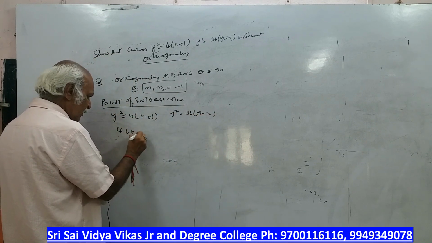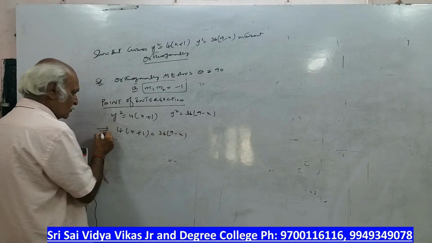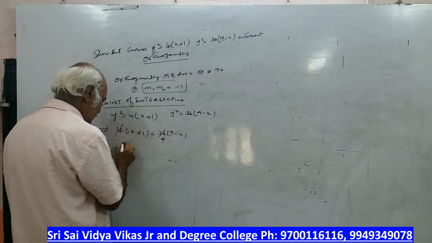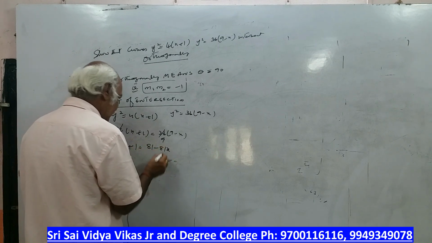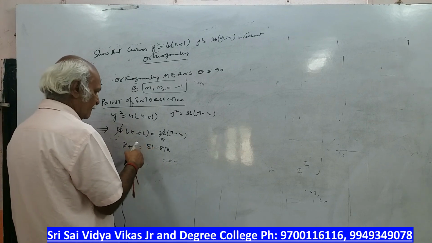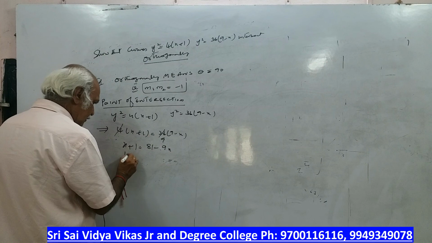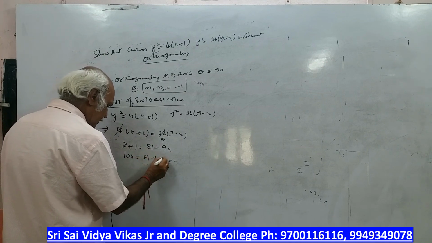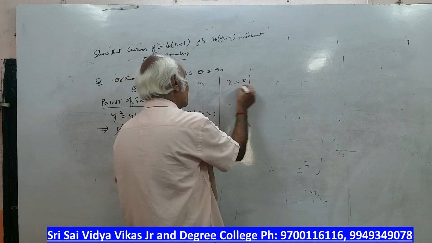So 4 into x plus 1 is equal to 36 into 9 minus x. So cancel, 4 ones are 4, 4 nines are 36. X plus 1 is equal to 81 minus 9x. Bring 9x to this side. 10x is equal to 81 minus 1, 80. So x is equal to 8.